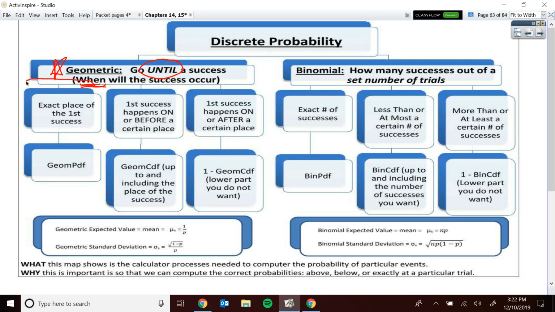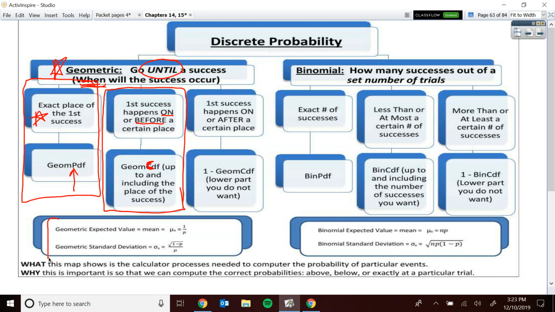What we've talked about so far is the exact place of the first success, and that's when you do your geometric PDF. And we have also talked about this part. The first success happens on or before a particular place. And so we've done the geometric CDF of that location.